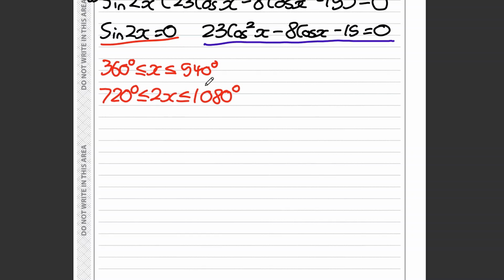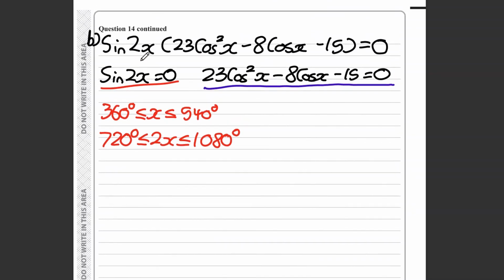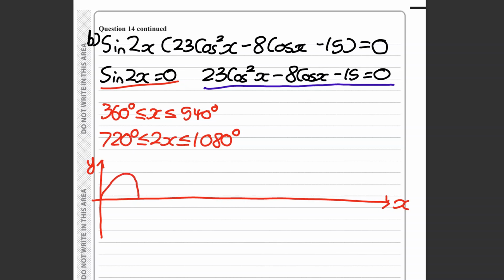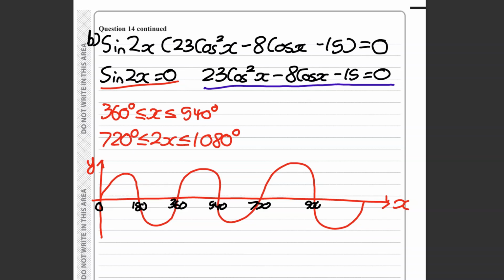So if we solve now in this interval, because we have 2x, if we draw a quick sin graph, where this is y and this is x, it looks like this. This is 0, this is 180, this is 360, this is 540, this is 720, this is 900, and this is 1080.